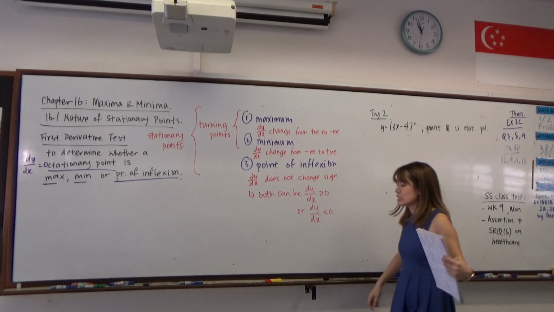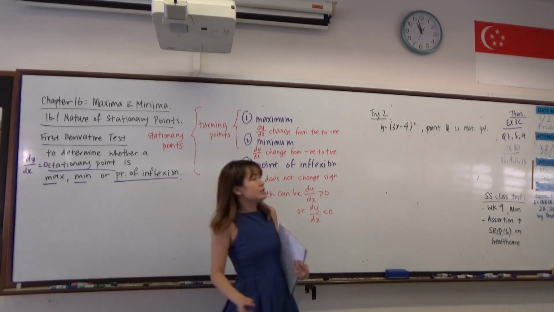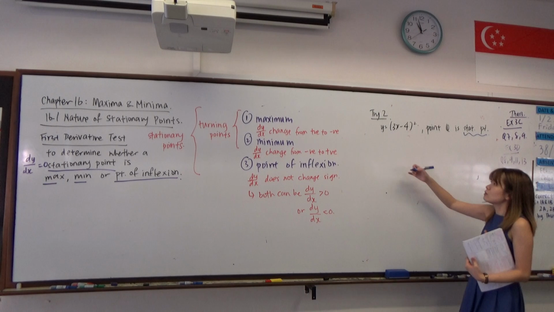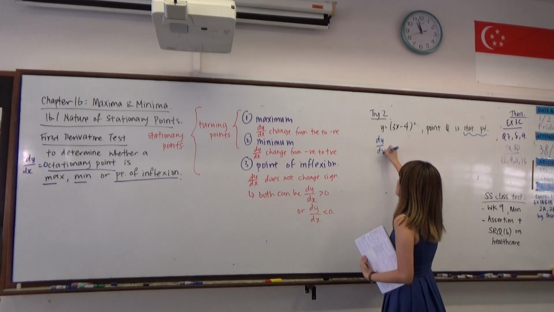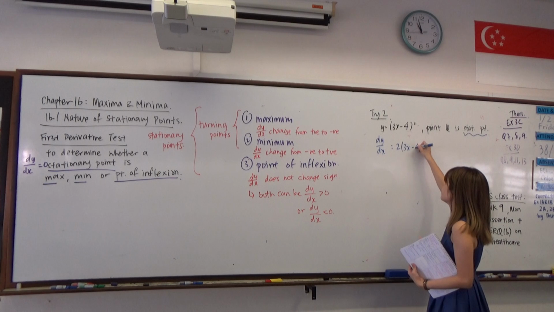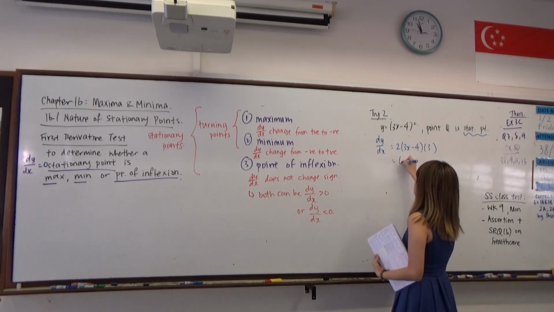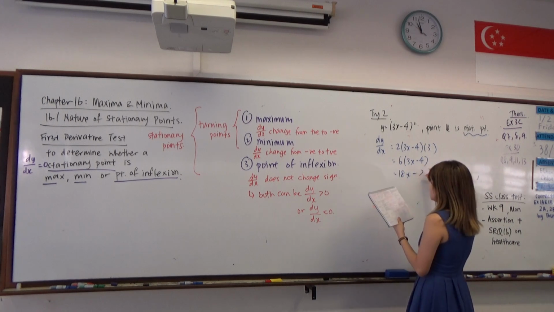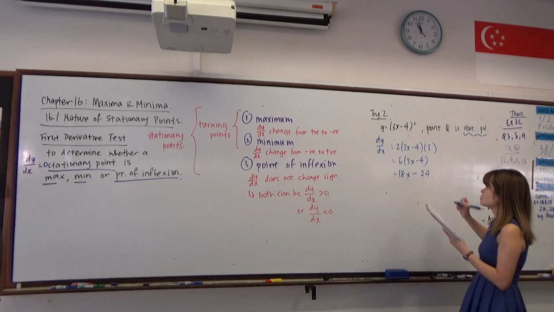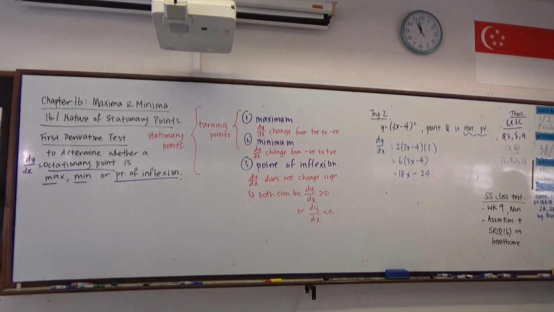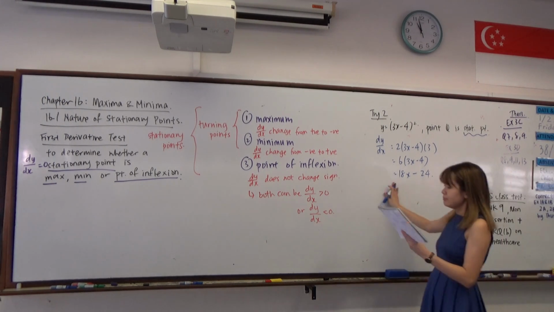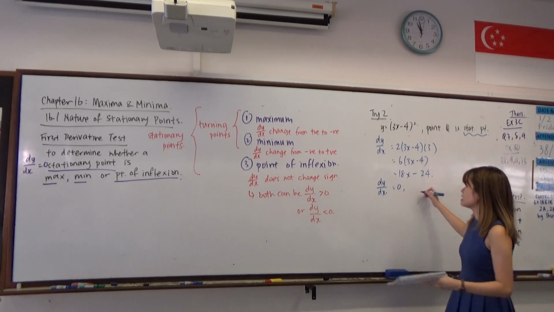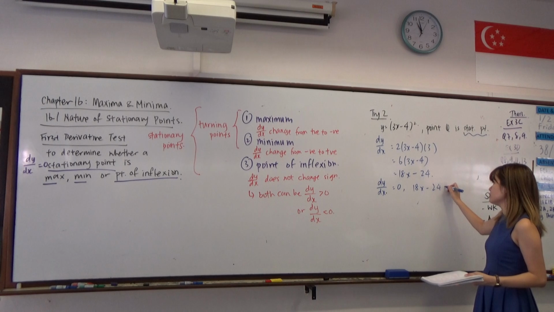In order to find the coordinates of this point, since we are told that it is a stationary point, dy over dx must be equal to 0. So differentiating this function using your chain rule, your dy over dx is equal to 18x minus 24. Then dy over dx equals 0 for stationary point.